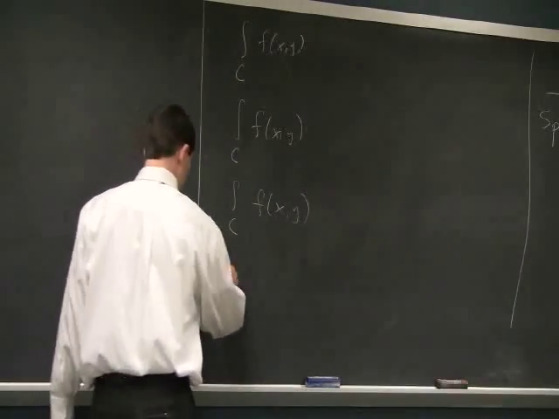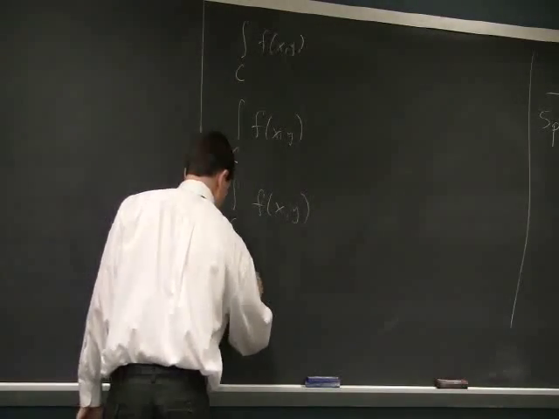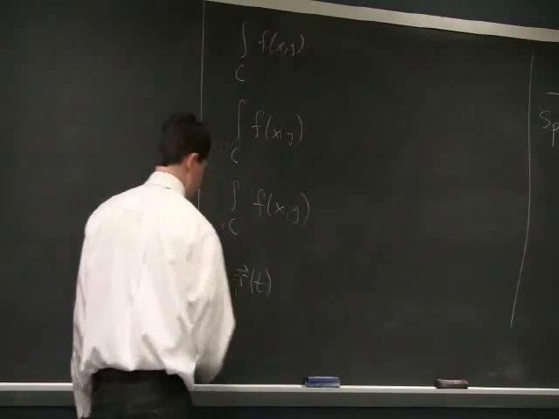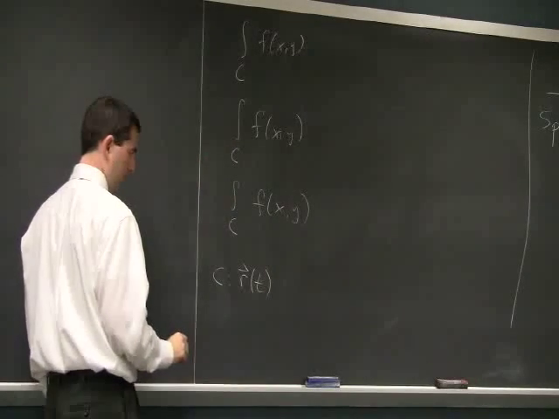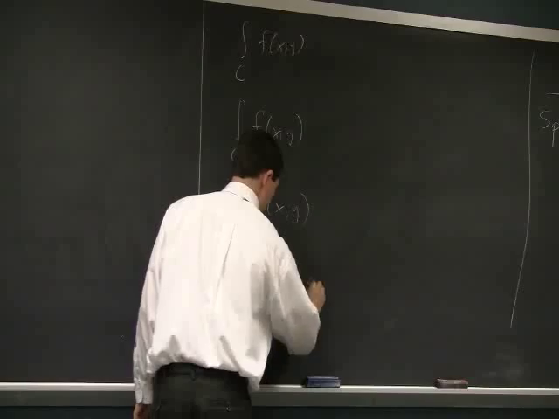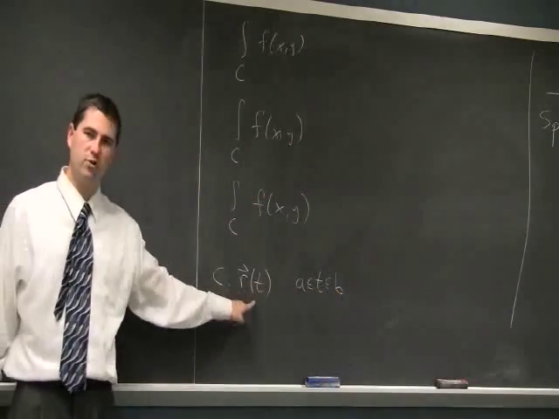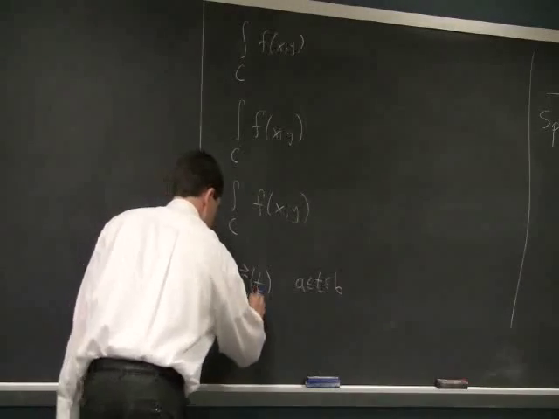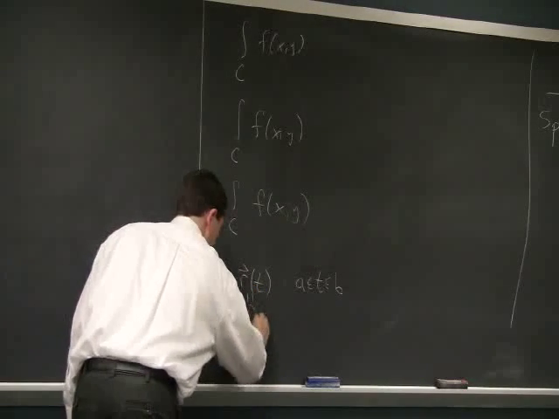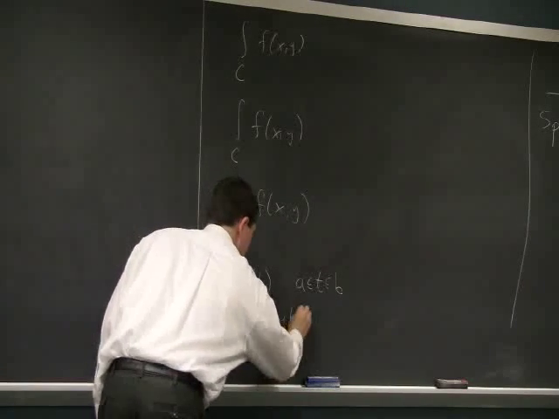Remember, C is given by a vector function, r of t, let's say t runs from a to b. And of course, every vector function can be written in terms of component functions, so this is x of t i plus y of t j.